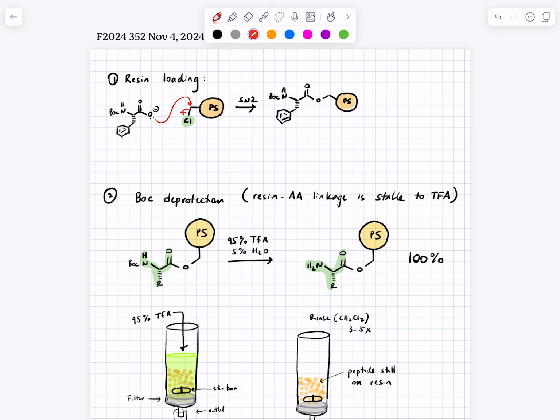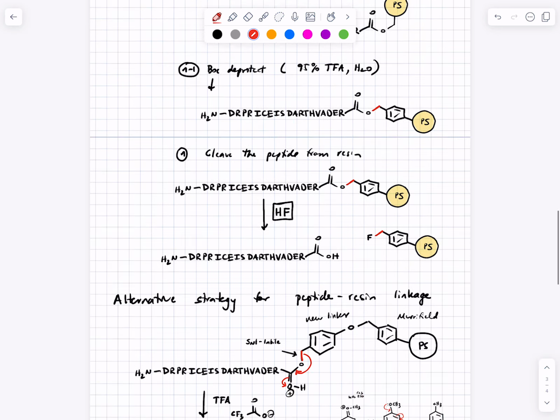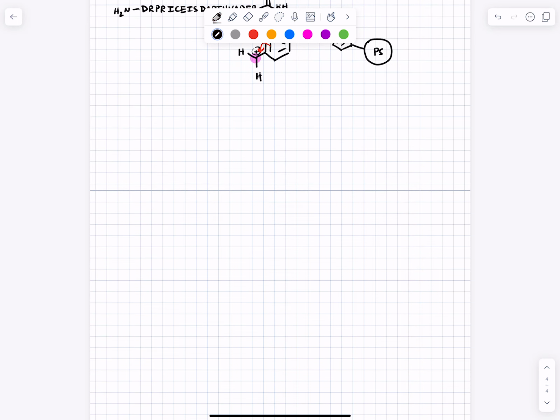You understand that? So we need an alternative, and it would be great if the alternative was stable to the conditions of the coupling reactions and stable to TFA, but cleavable under a separate set of conditions that aren't going to influence the resin linkage. So that's why this strategy requires a new amino protecting group.